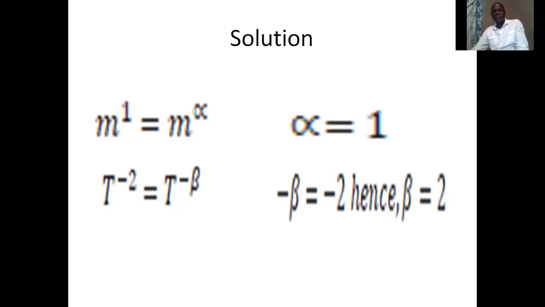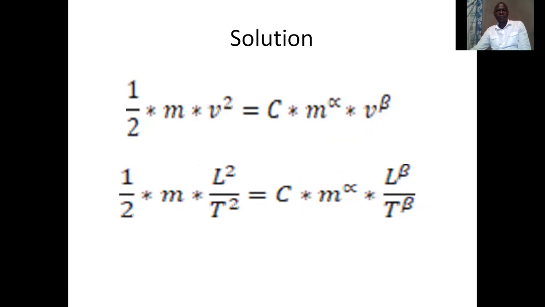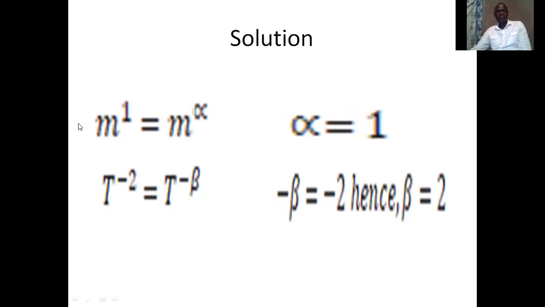When you have such an equation, you can look at the like terms and equate them. So here we have M to the power 1, which is equal to M to the power alpha. Since the bases are the same, you know that alpha is equal to 1, because the powers can be equated when the bases are the same.